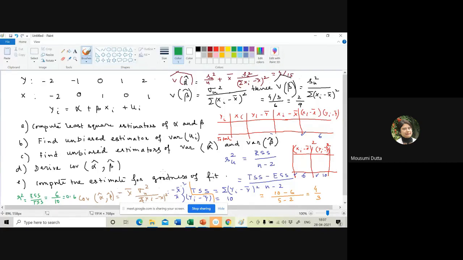H, the last part. Also derive the confidence interval for sigma u square at 90% level.